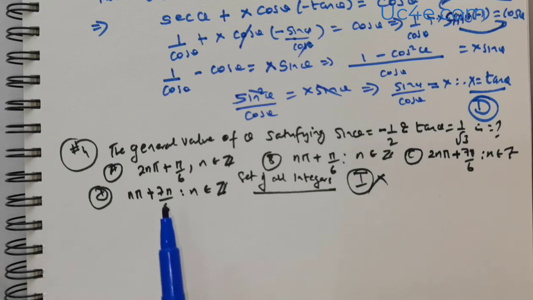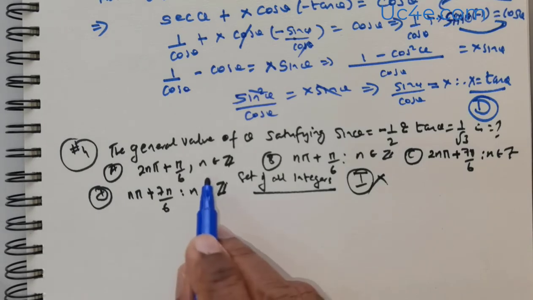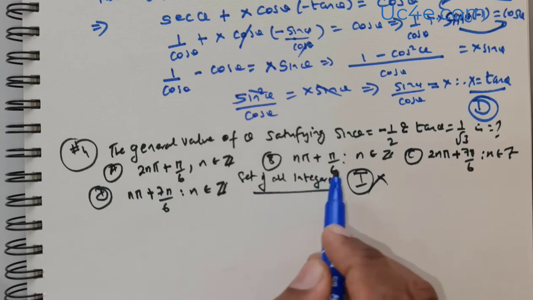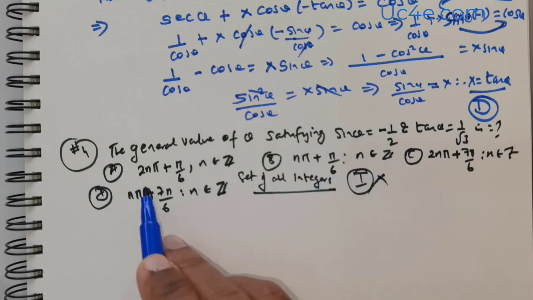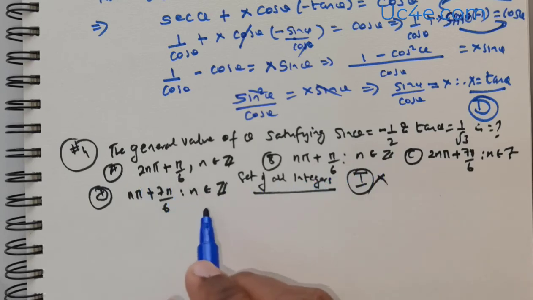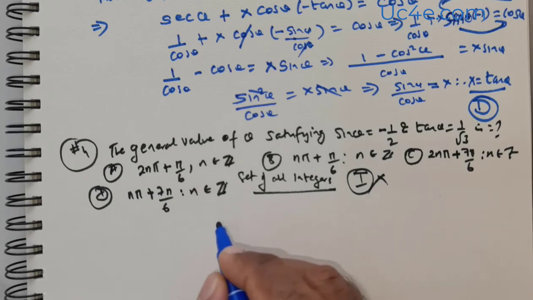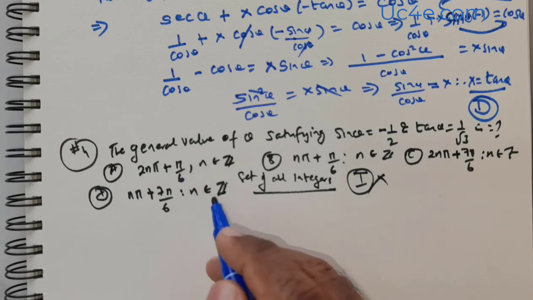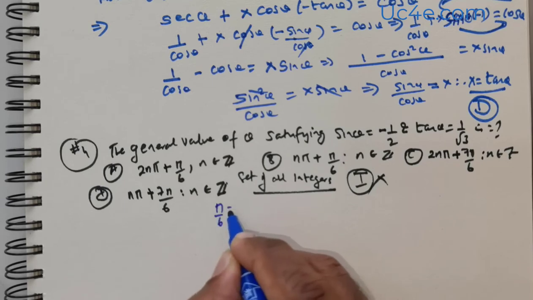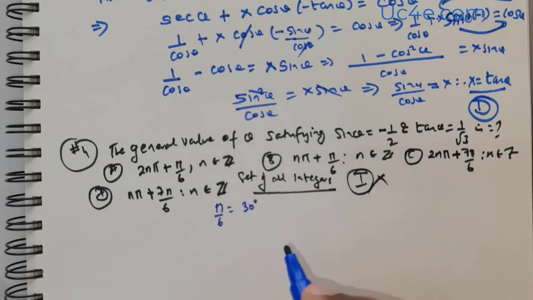Now you have been given a question in this fashion and you got a list of choices. And foremost, before we can go on, let us observe these choices. This is 2n pi positive pi over 6, and pi over 6 stands for 30 degrees, right?